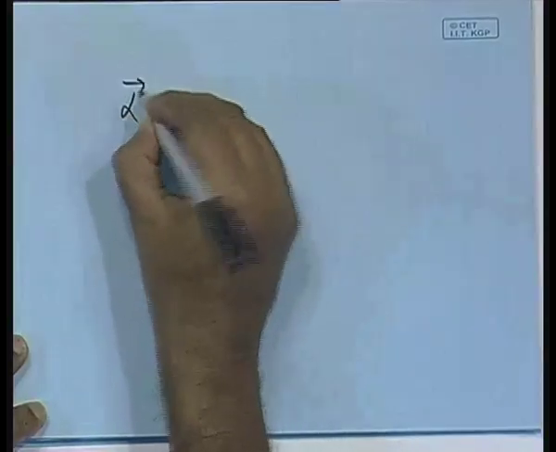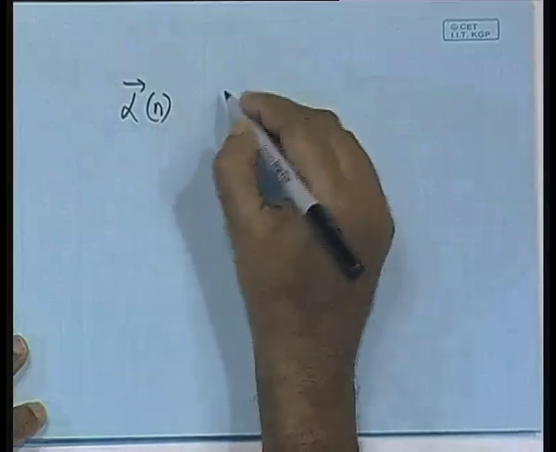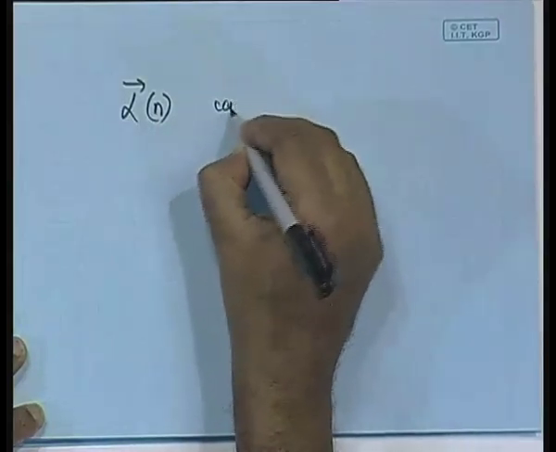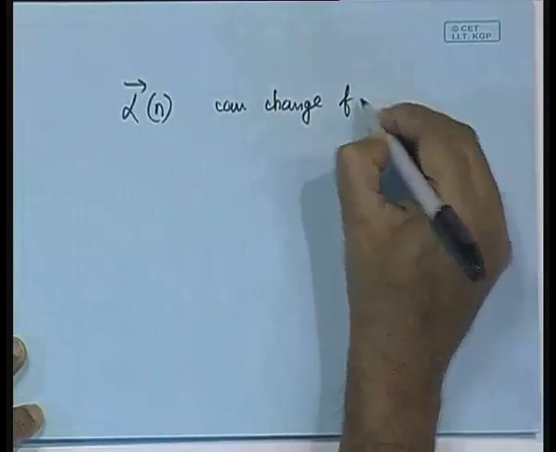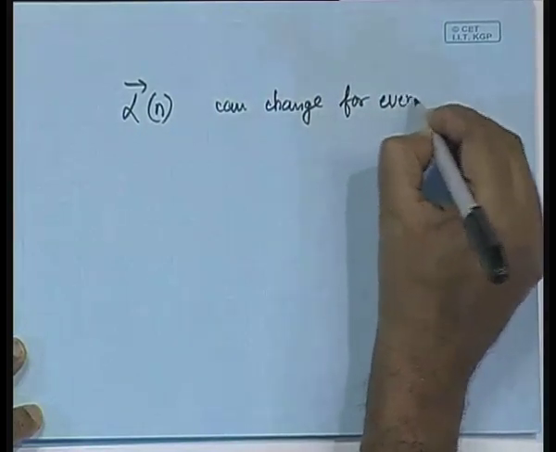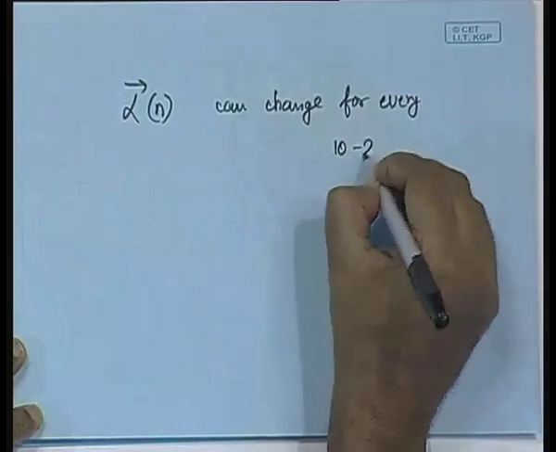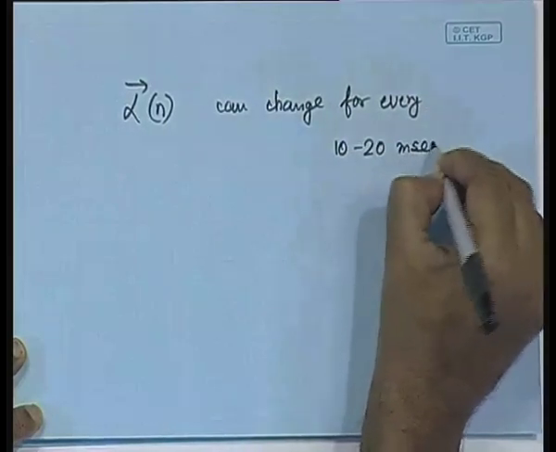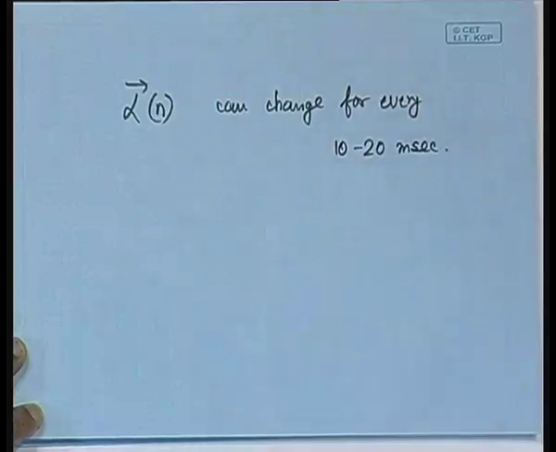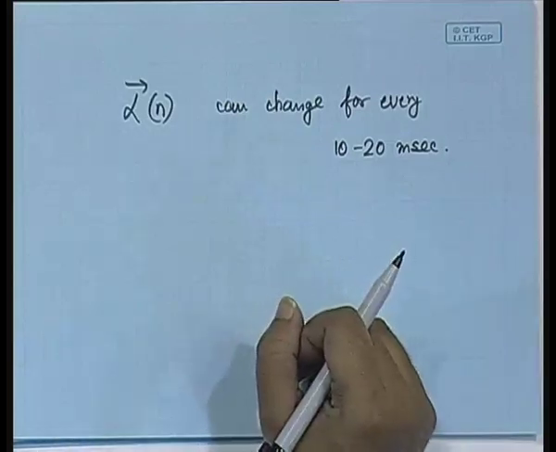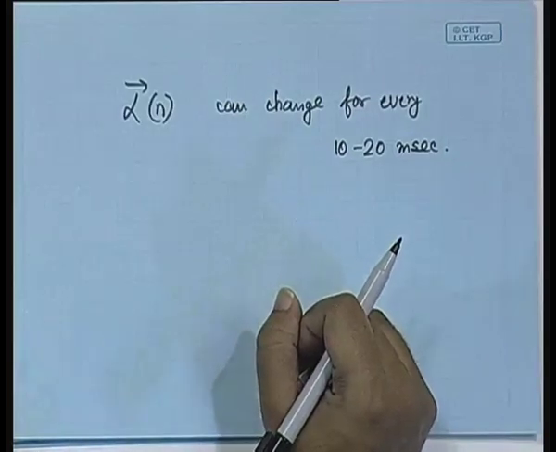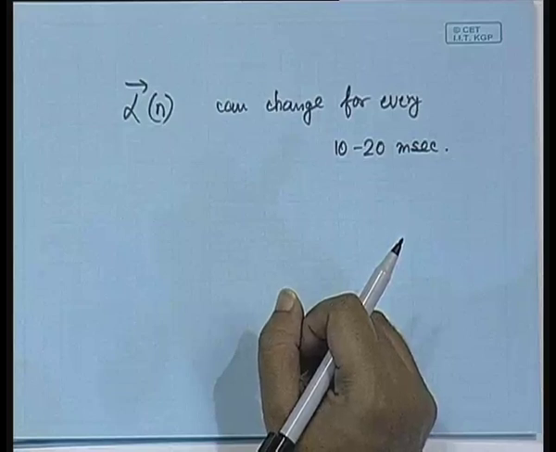So, it is observed that this alpha n, these alpha vector elements as a function of n, can change every 10 to 20 milliseconds. Which means to say that it is quite a slow change. And the window duration may be equal to the interval between these estimates.